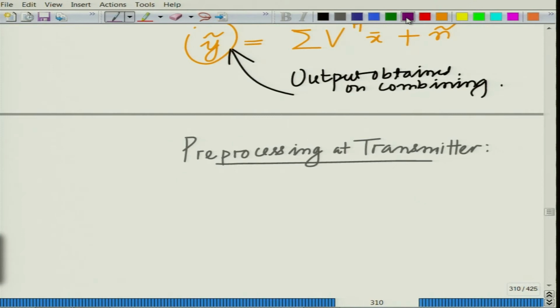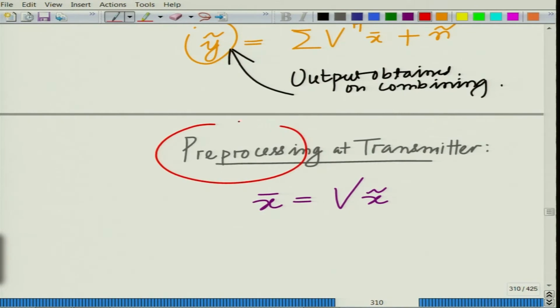So, this is your transmit vector x bar, generated as x bar equals V times x tilde. Now, this pre-processing is also known as precoding. This is an important operation in MIMO. This is known as conditioning, or preconditioning, or basically precoding.